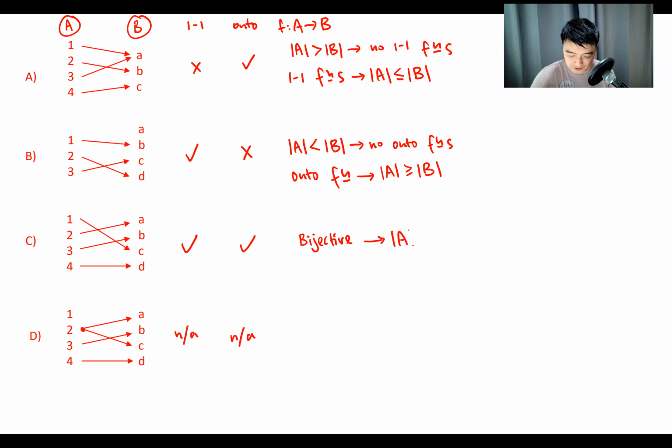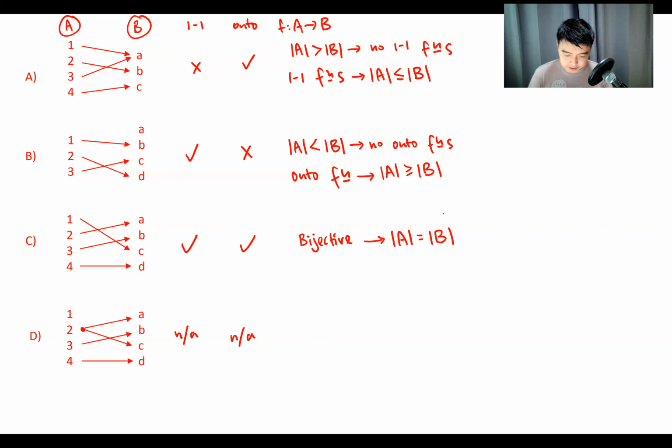That means the size of A must be equal to the size of B. This is a guarantee. So when I tell you that there is a one-to-one and onto function, you can guarantee that the size of the domain and codomain must be the same. All right, so that's what I wanted to show you in this example.